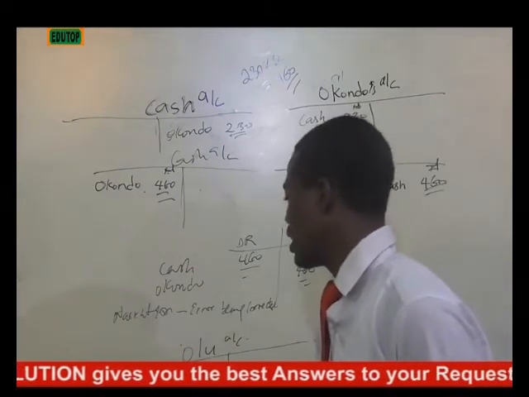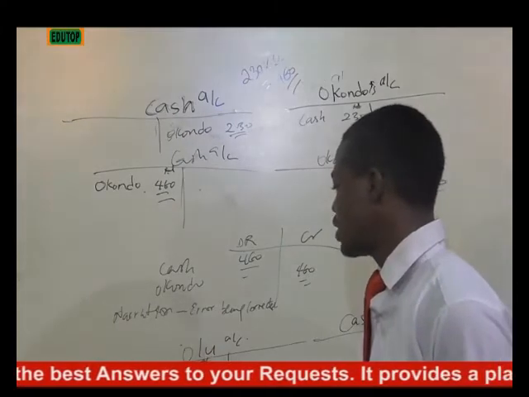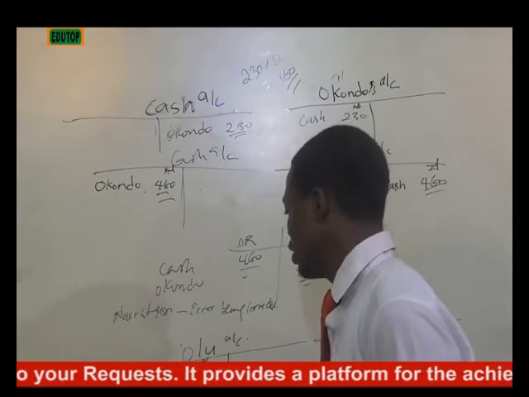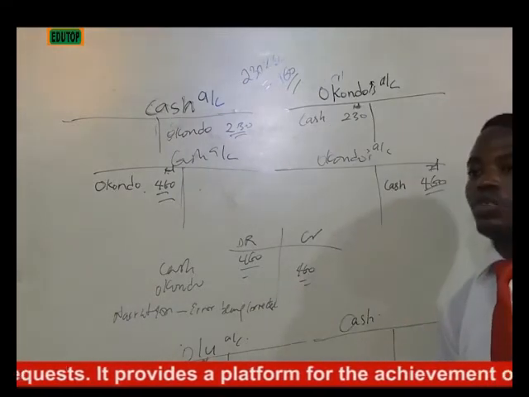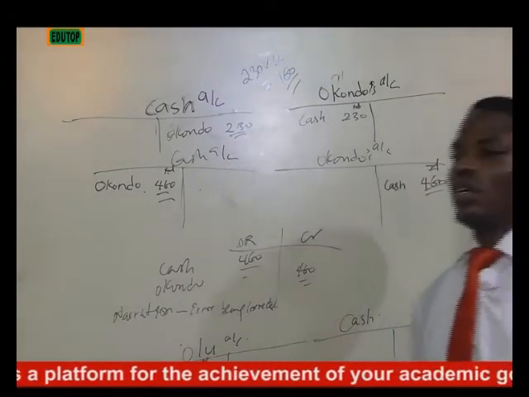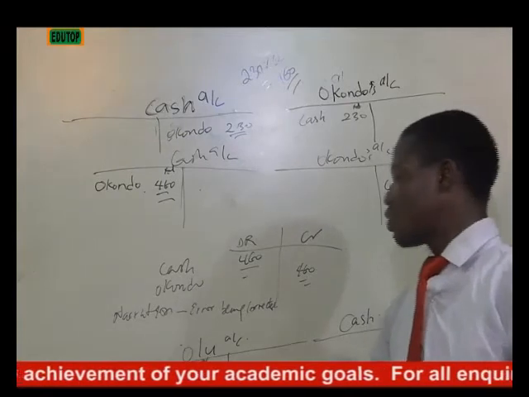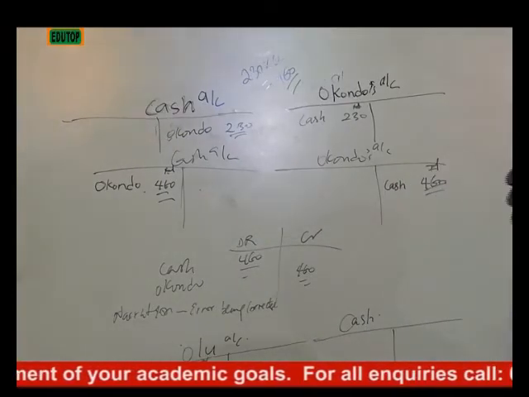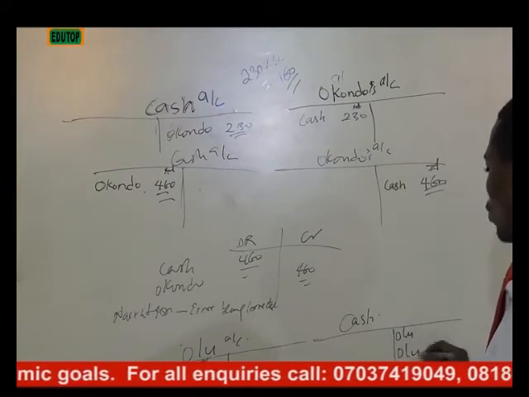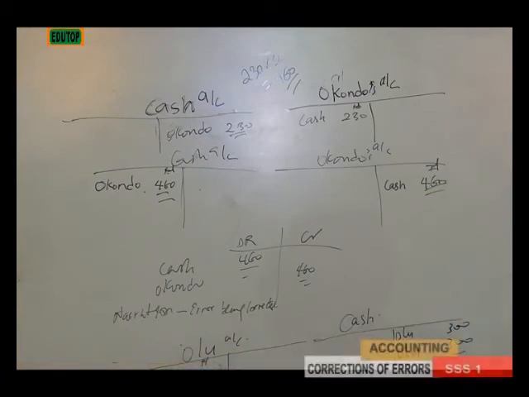So it is Olu that received the cash, because it's a payment of cash to Olu, which is 300. And they recorded it again, cash 300. So in the course of that, that is the error of duplication. So what we will do is that you take this one out and take it back to the normal account. Then under cash account we have Olu and Olu, 300 and 300. This is what we call error of duplication.